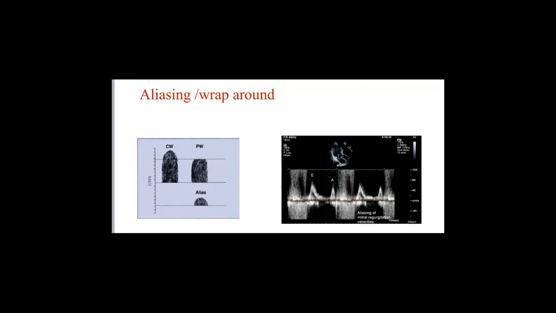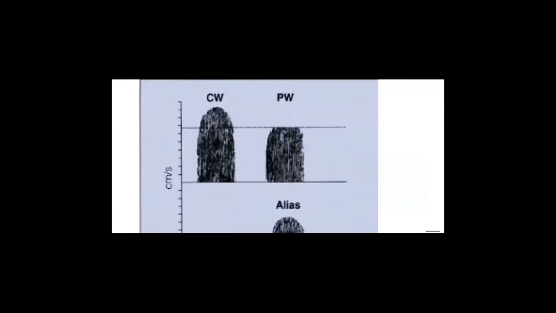The signal wraps around. Here, with CW, the entire signal is shown above the baseline, and you can know the start and the end of the signal. But if you use PW for the same high velocity signal, beyond the capacity of the PW to capture, you will get aliasing. The signal will be cut into two, one below, one above. So you get lost. You don't know where it starts, where it ends.